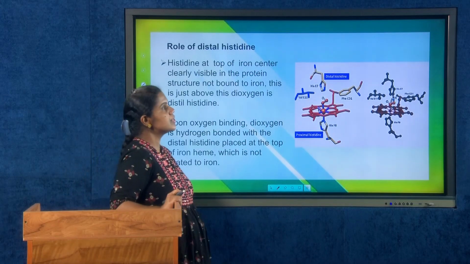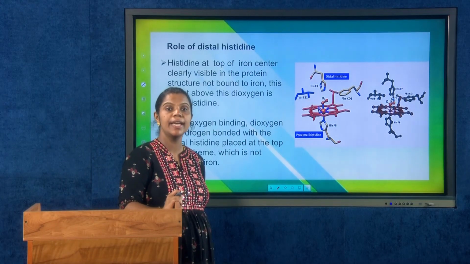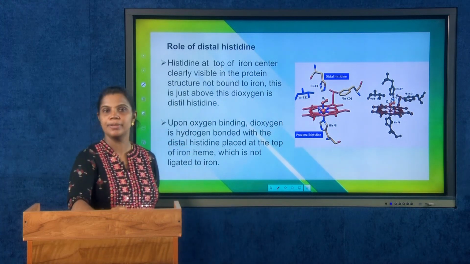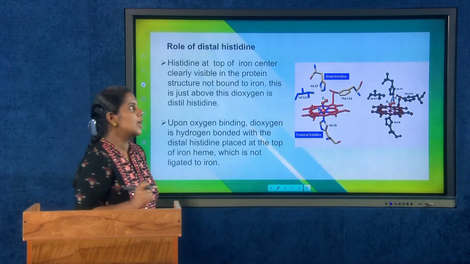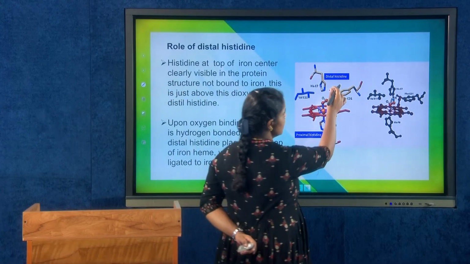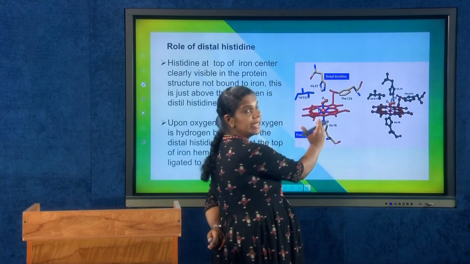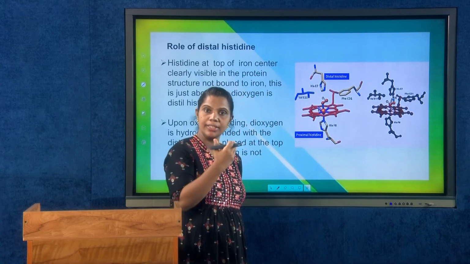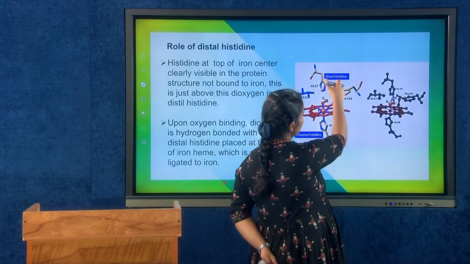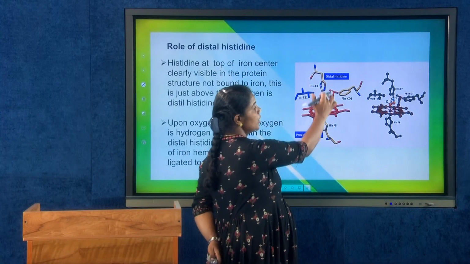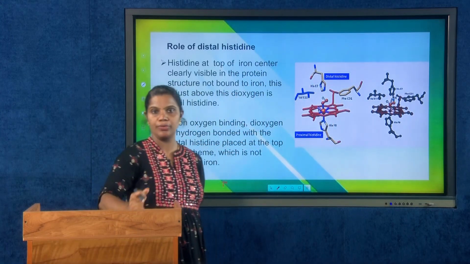Now, we are going to see the role of distal histidine in the oxygenation process. We have already understood what distal histidine and proximal histidine are. Proximal histidine is actually ligated to the Fe2+, while the distal histidine is present in the proximity, but is not actually ligated to the Fe2+.